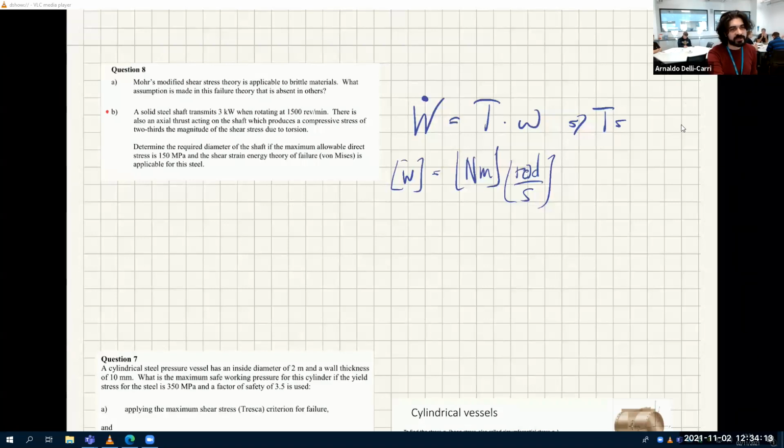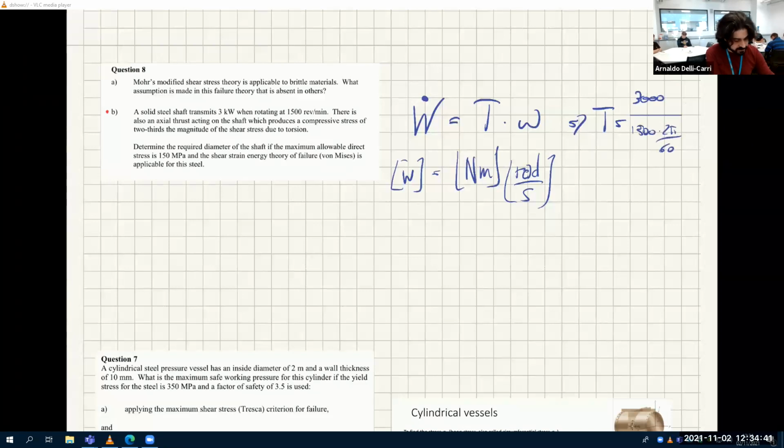Online students as well, please help me out. It's 3000 divided by 1500 converted into radians per second. It's 1500 times 2 pi divided by 60. So this is 3000 divided by (1500 times 2 pi divided by 60).